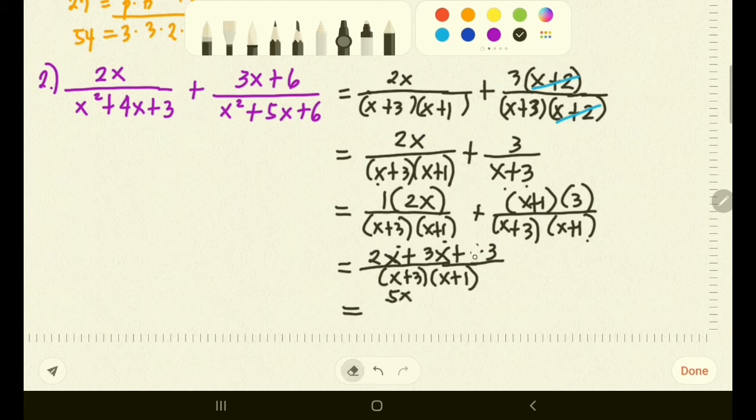So there are 2, 5x, then plus 3 over the binomial x plus 3 times the binomial x plus 1. So as you can see, there is no common monomial factor. So meaning the final answer is 5x plus 3 all over x plus 3 times the quantity of x plus 1.